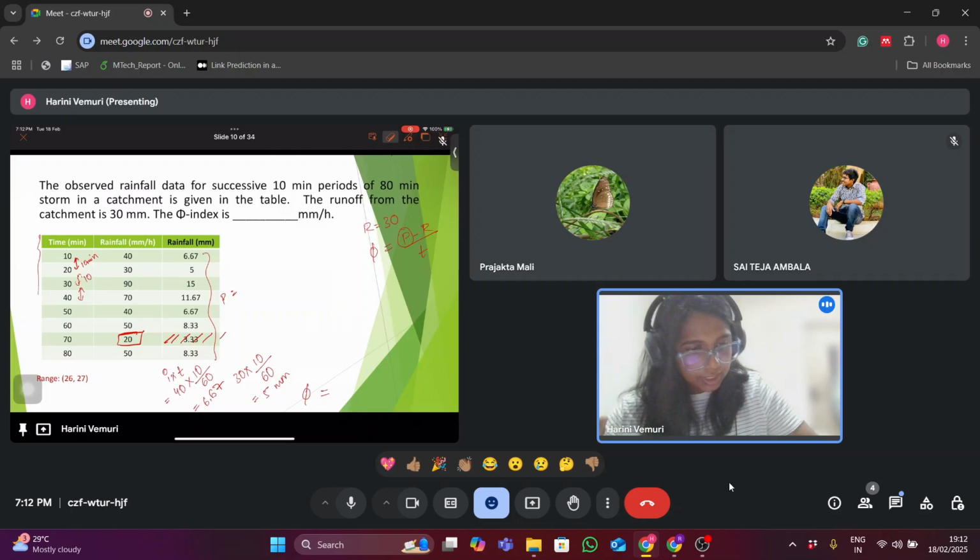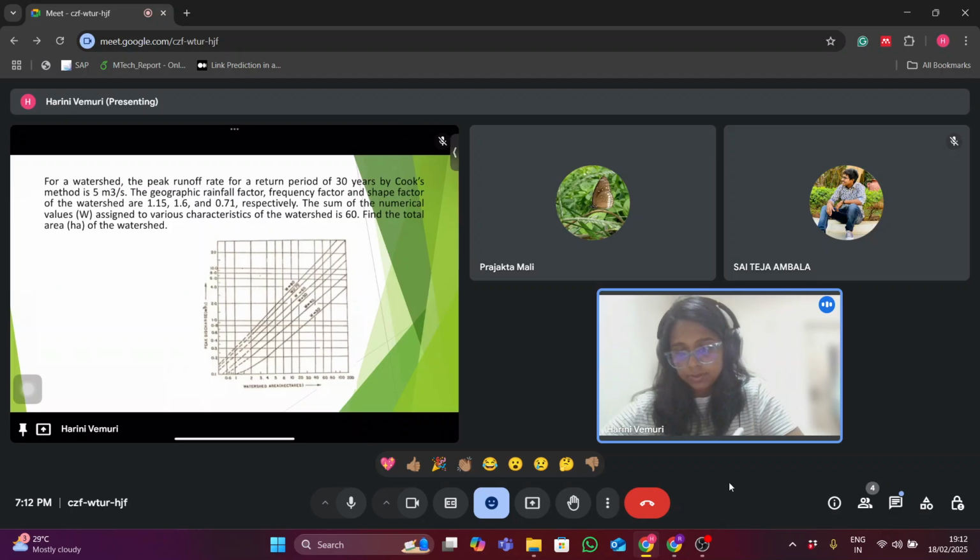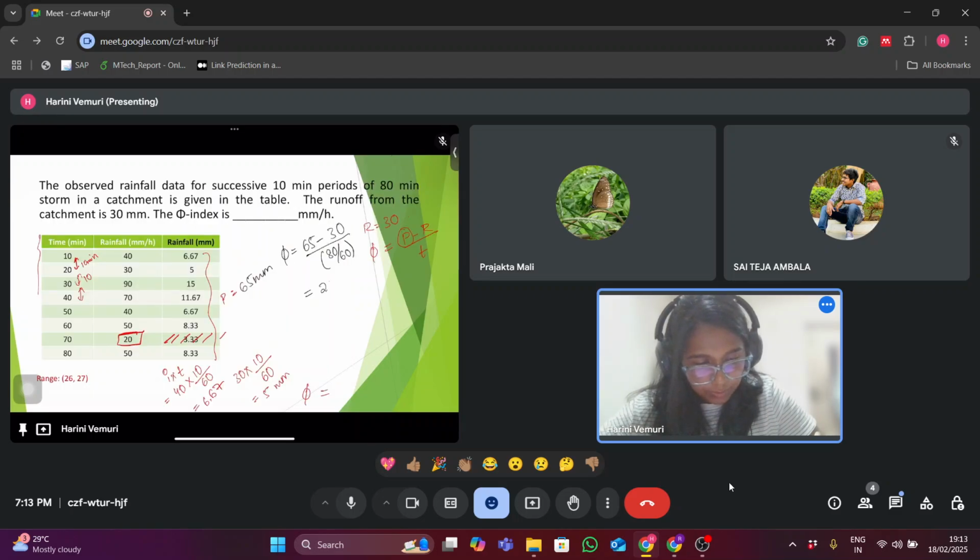The total precipitation is 65 mm. So to calculate pi index, it is total precipitation minus total runoff, that is 30, divided by total time. Since it is 80 minutes, we convert into hours by dividing by 60. So the value is 26.25 mm per hour.